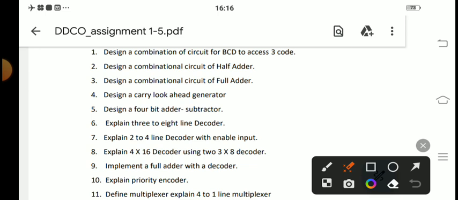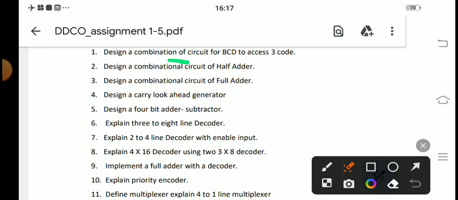These are the predefined questions for module 2. So if your module 1, that is the basics of K-maps, is strong, then you can easily solve and score 20 out of 20 from module 2. Fine. The first question of module 2 is design a combinational circuit. Again I have made a typing error, sorry.